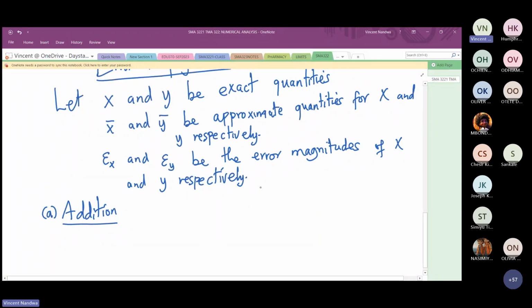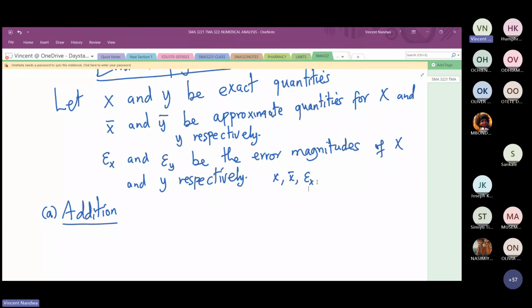Are we able to relate the quantities X, X bar and epsilon X? What formula connects these three quantities? X minus X bar is equal to epsilon X.